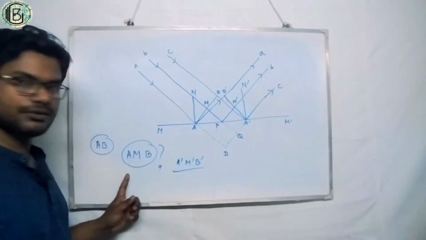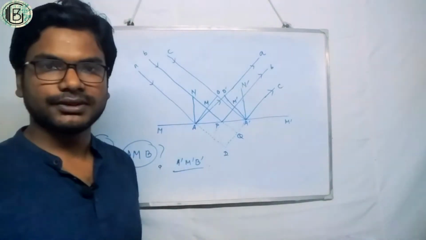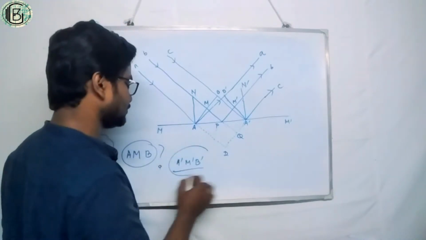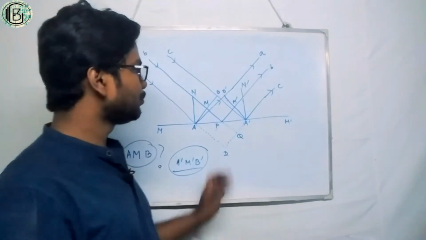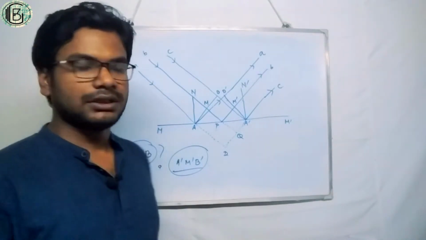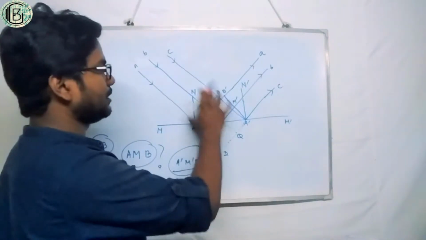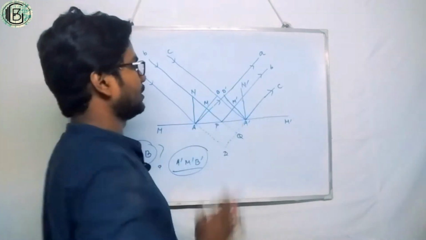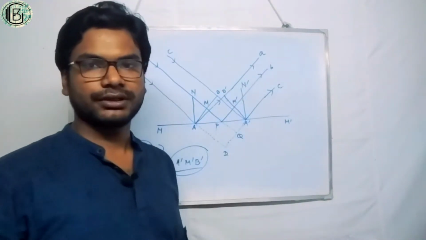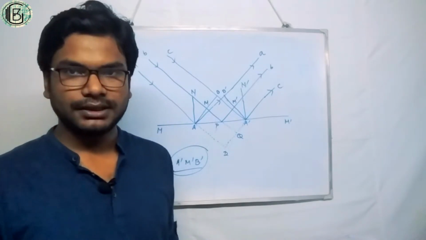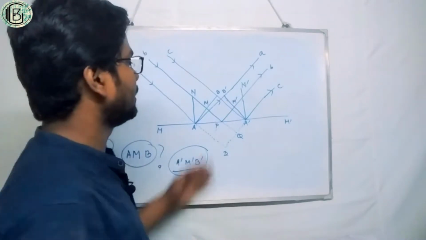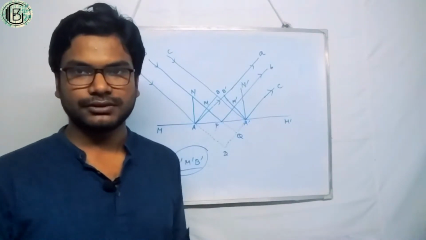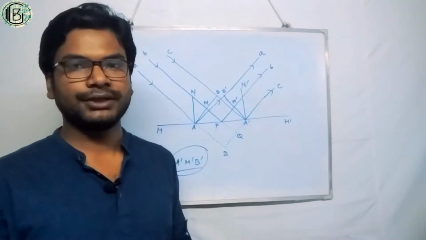If the incident wavefront equals the reflected wavefront, then we can get the proof of that theorem. A light is incident and a wavefront is incident, and we are getting the same wavefront over here. So our target is to prove that A prime, M prime, B prime is the reflected wavefront.